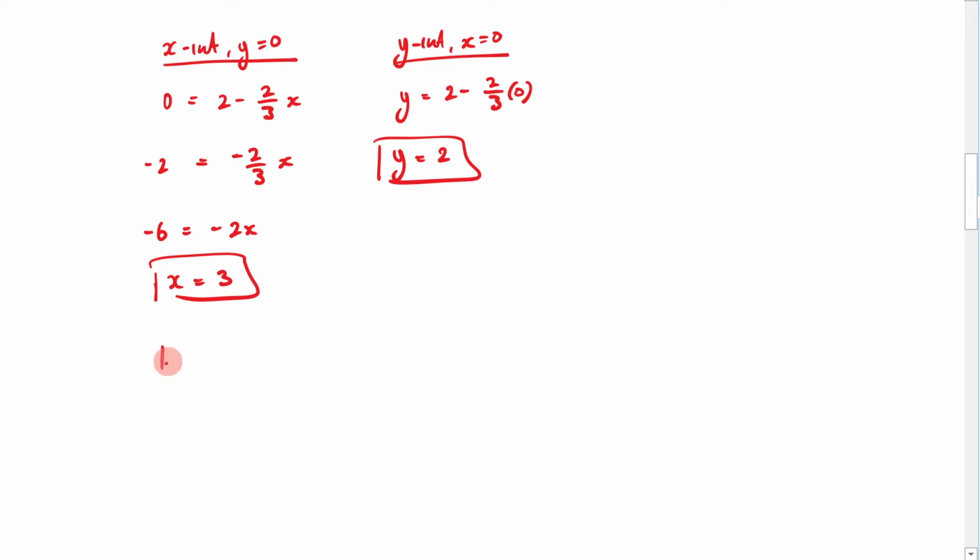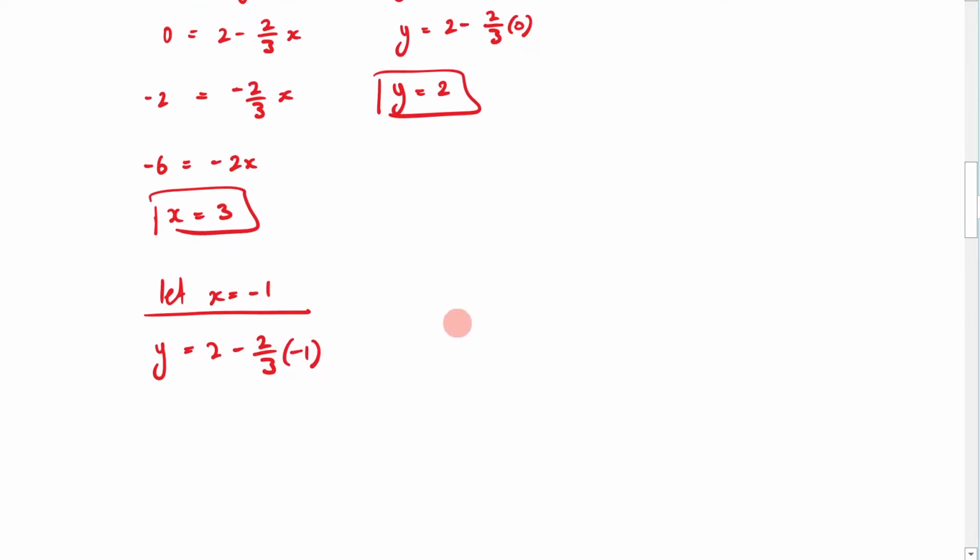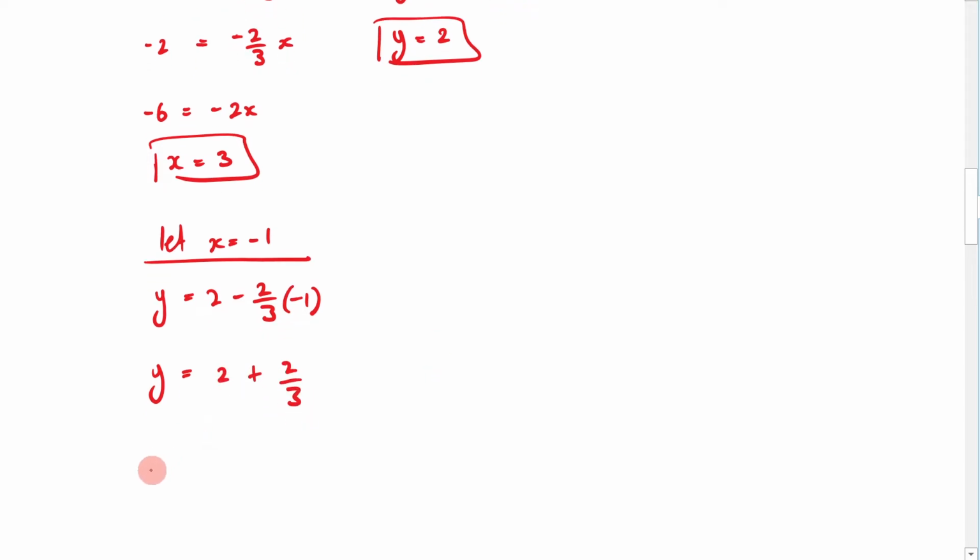So let x be equal to -1. That's not a negative, that's -1. Okay, so y is equal to 2 minus 2/3 x. I put a -1 into my x spot. So it's going to be y is equal to 2 plus 2/3. Then I have to make this 2 into a common denominator. So I'm going to make it 2/1 and times the top and bottom by 3.